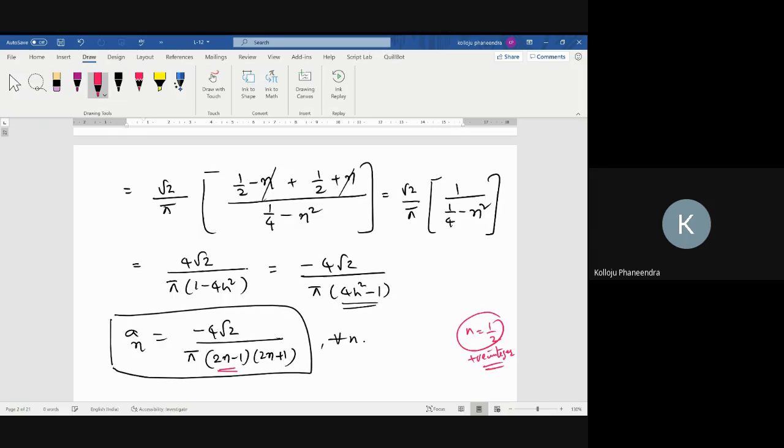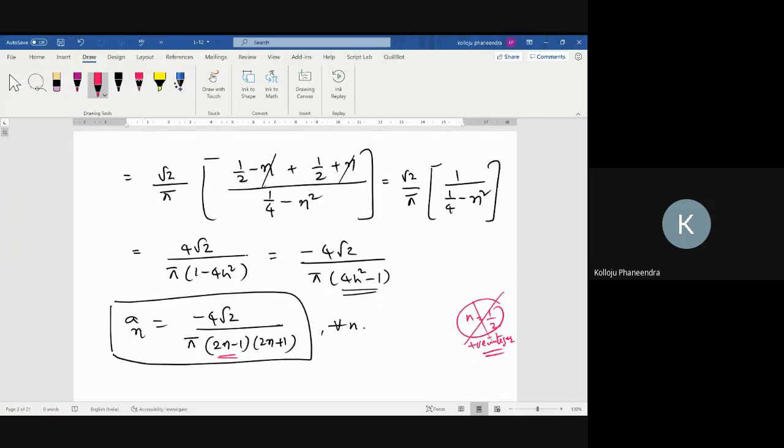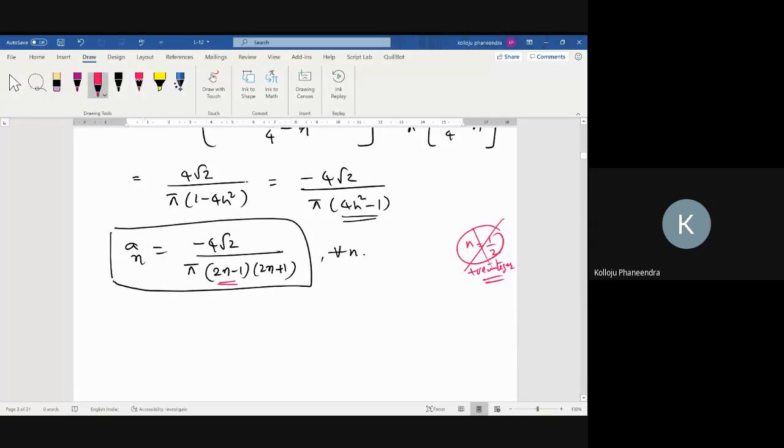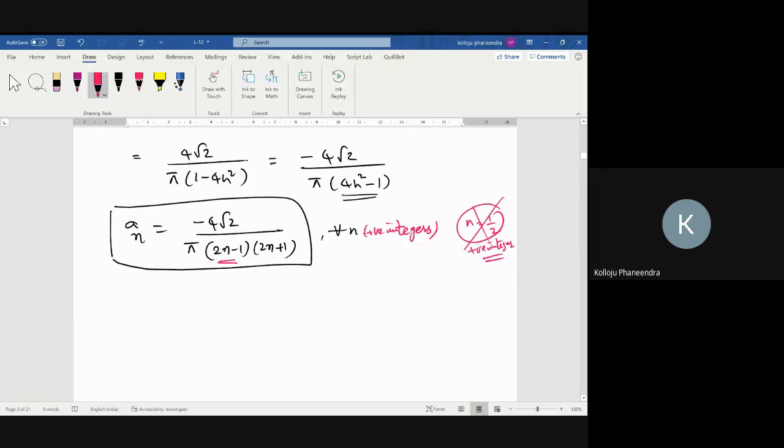Fourier series is defined only for n equal to 0 and n equal to 1, 2, 3 and so on. So there is no need to calculate separately for n equal to 1 by 2. No need at all. Just an value. It is defined for all n which are positive integers.